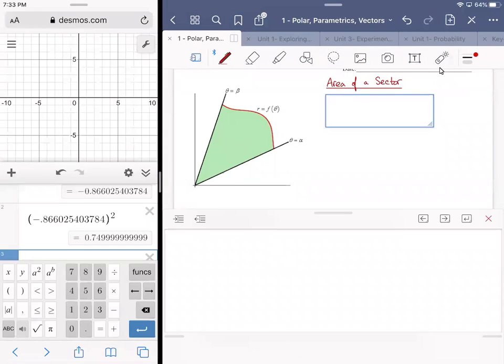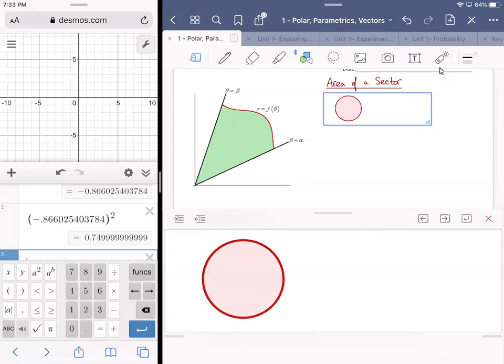So, well, first, I guess I should talk about what a sector is. It's a circular sector. If I draw a circle, and cut out a little wedge here.